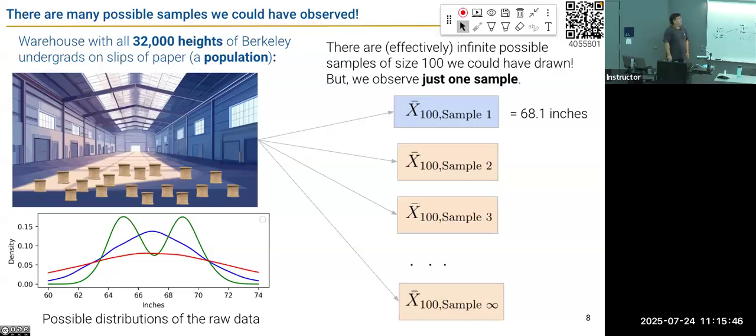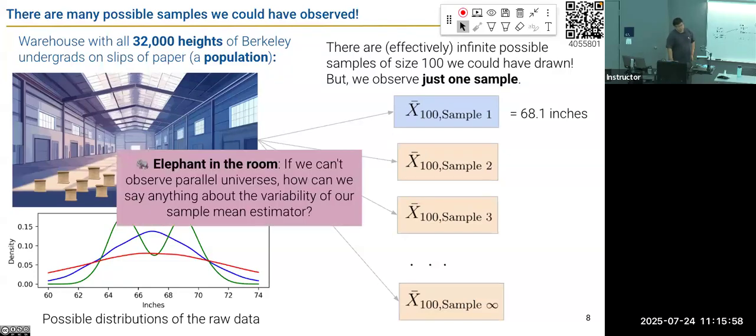But the problem is we only get to observe one of these. We only observe the 68.1 that's in our universe, we don't observe the other ones. Yet, we relied on this tool heavily, where we have a distribution for the sample mean, by the central limit theorem.